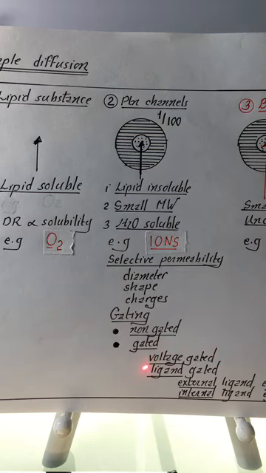And we have another type of gates called ligand gated, like the door of your house. It's not an electric door. It's opened by a key, which is the ligand. But you do not put the key in any place in the door. You have to put it in a special location, which is the lock. In the cell, this special location is the receptor. The union of a ligand with the receptor will open the gate.